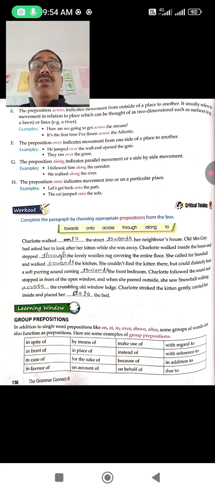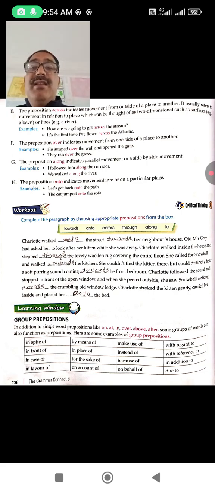The next rule, the preposition along, indicates parallel movement or side-by-side movement. Example, I followed him along the corridor. We walked along the river.